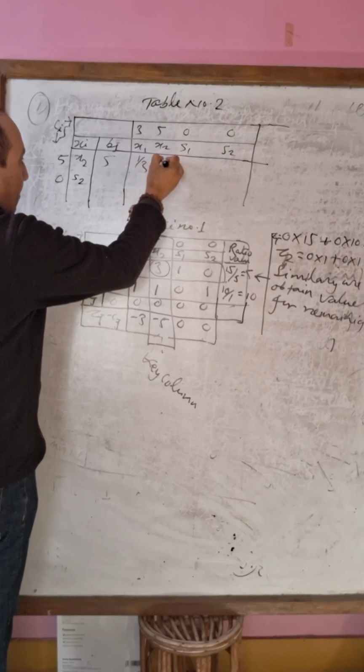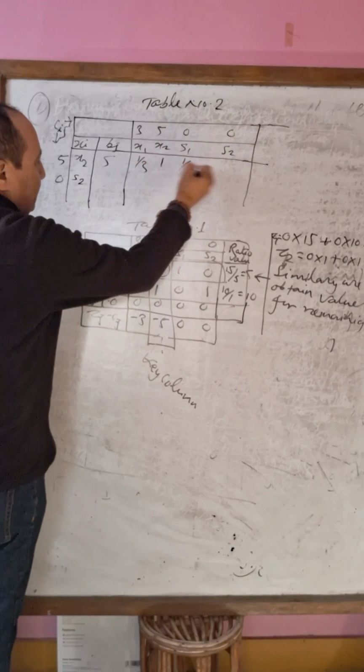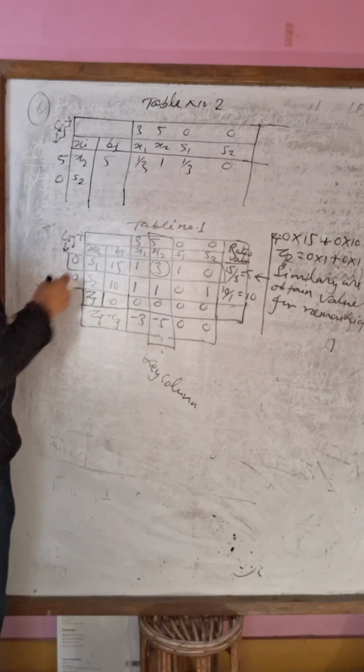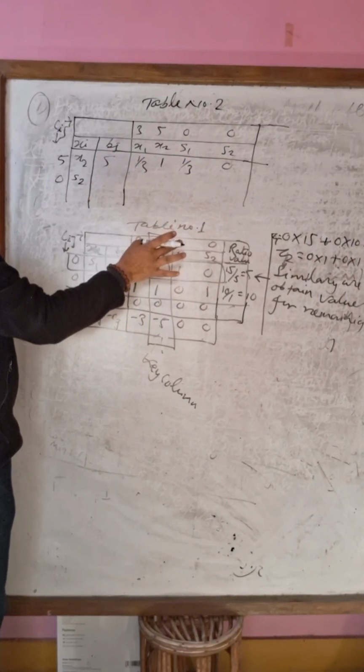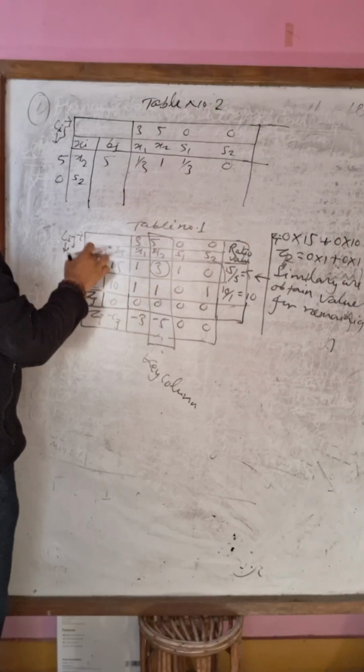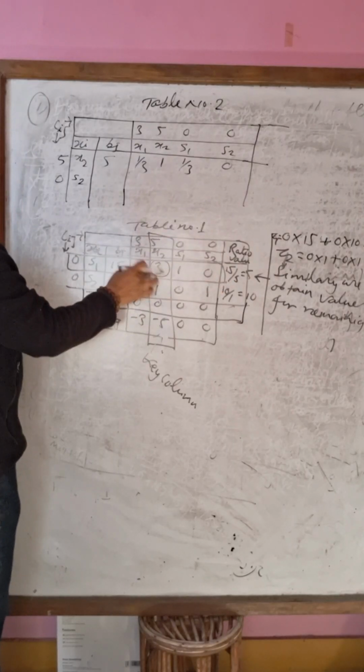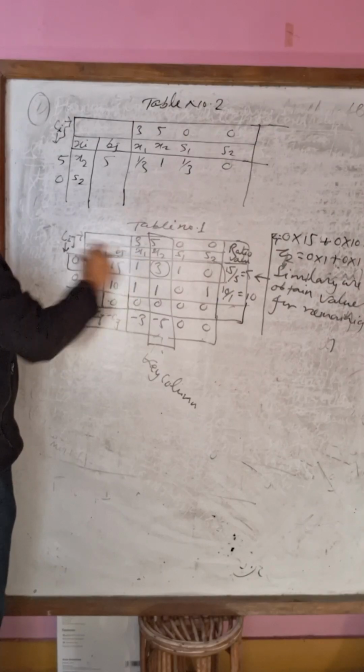This is 1, this is 1 by 3, this is 0. Okay? And this is very easy. We just divide all elements of the key row by the key element.